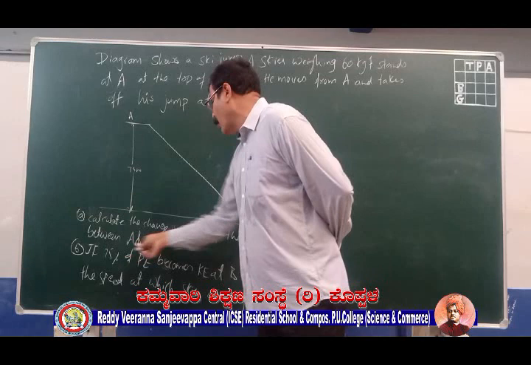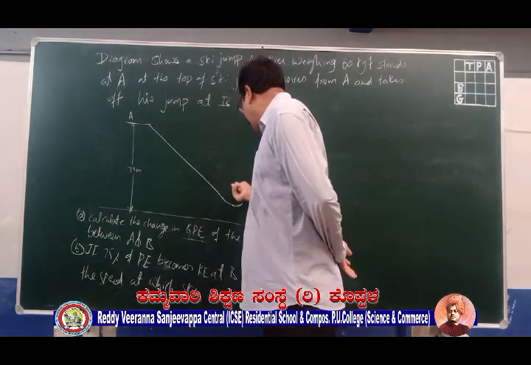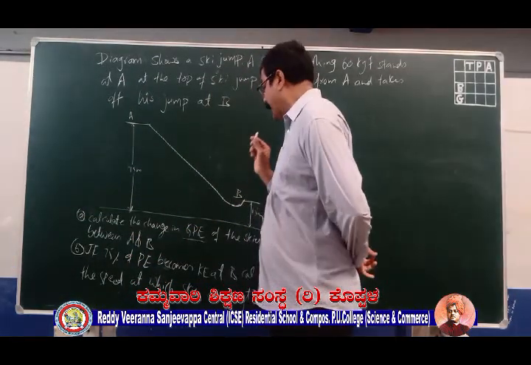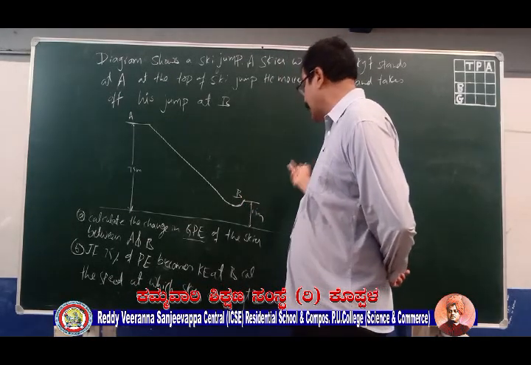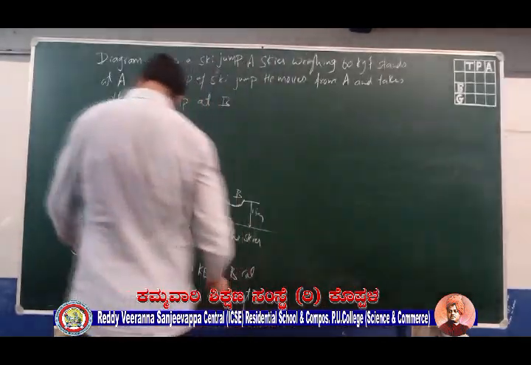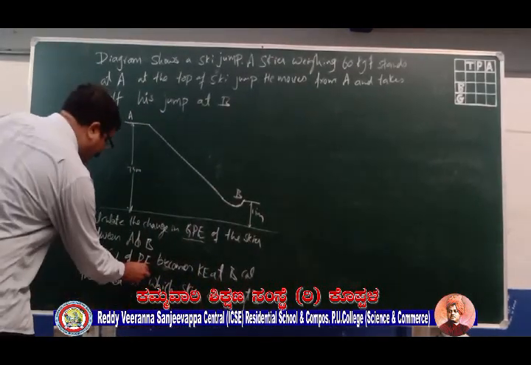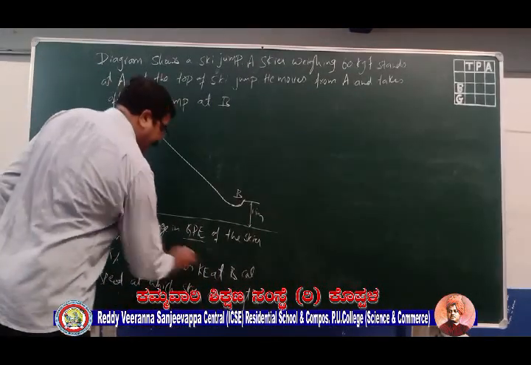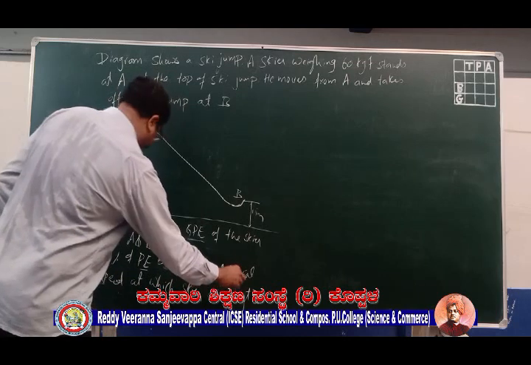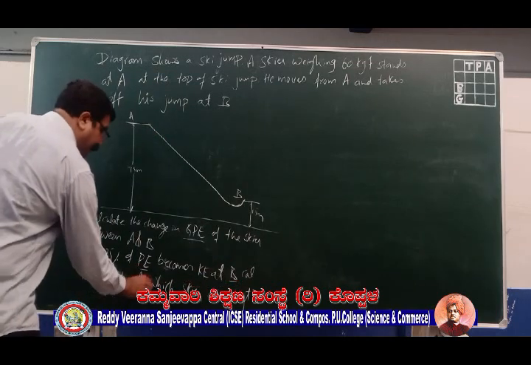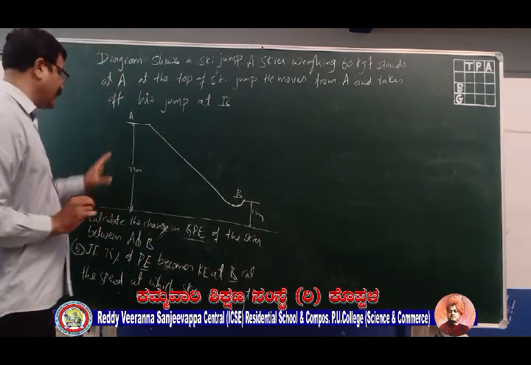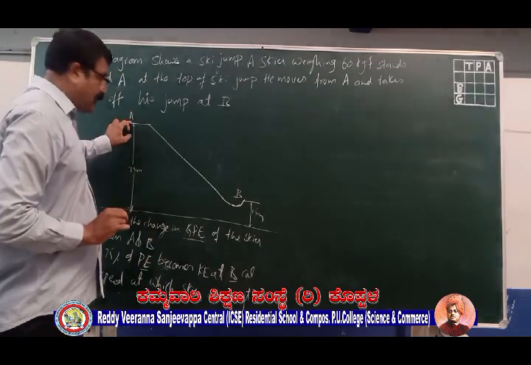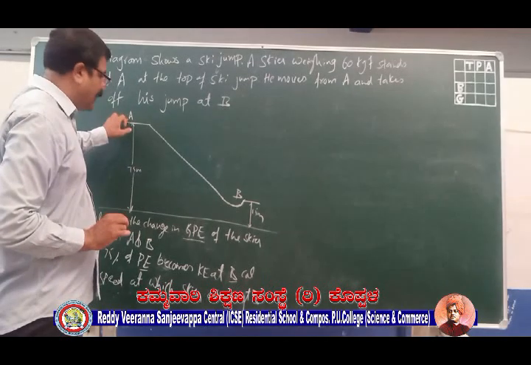The second question: if 75% of the gravitational potential energy becomes kinetic energy at B, calculate the speed at which the skier arrives at B. We have potential energy here.